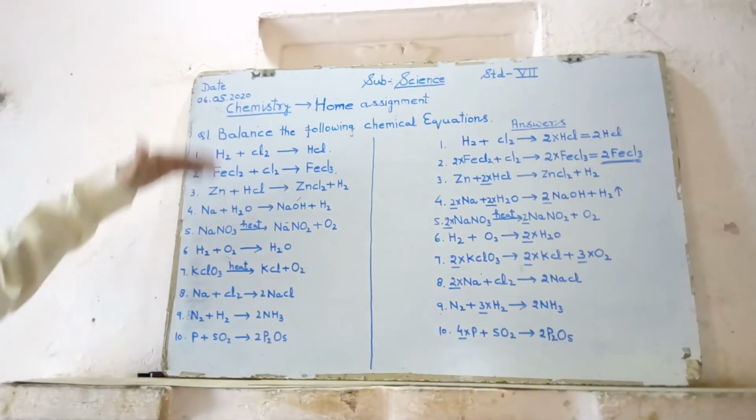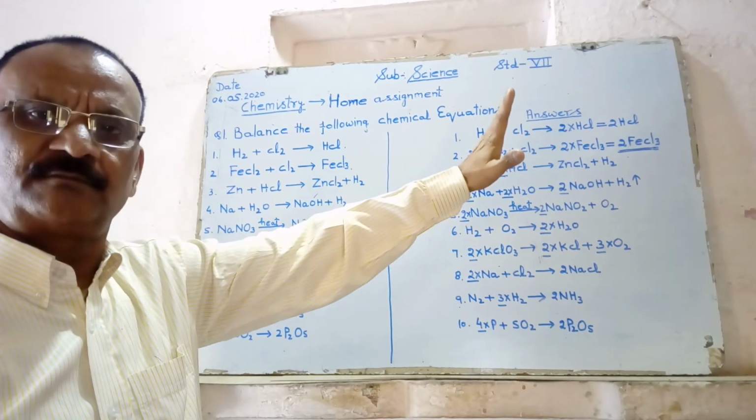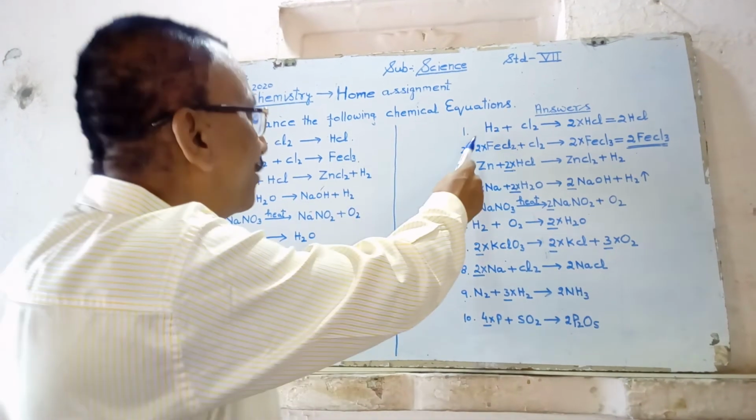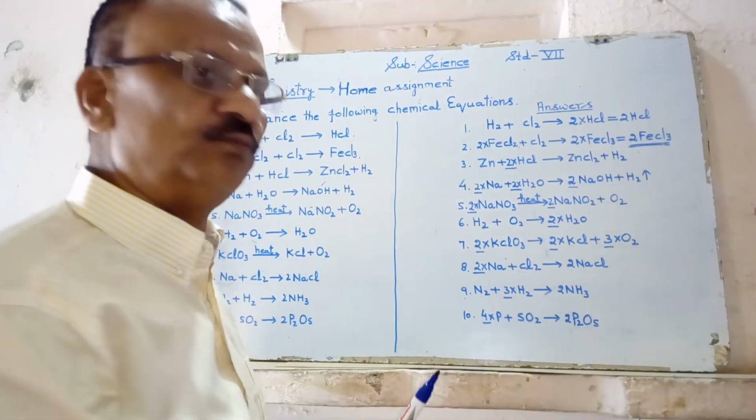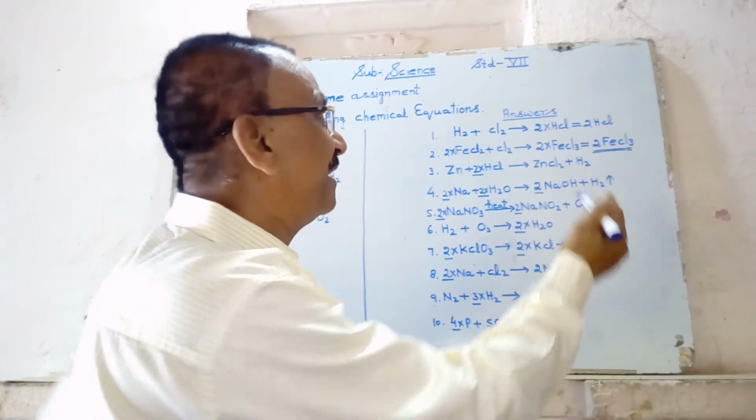These are not balanced equations, we have to balance them. Now we are giving the answers. First, hydrogen plus Cl2, chlorine, gives HCl.